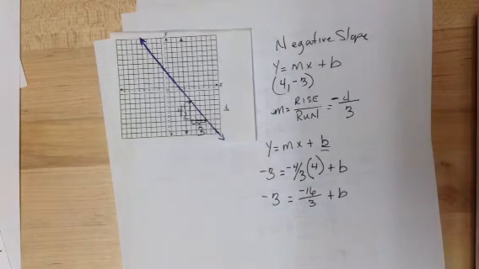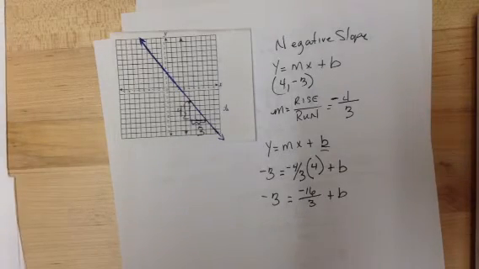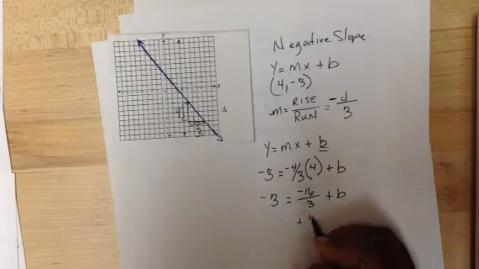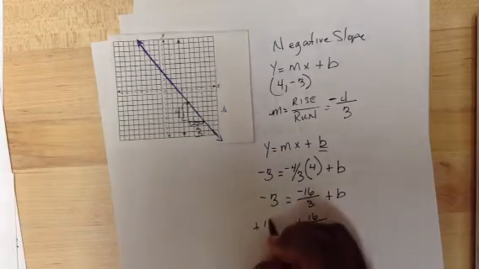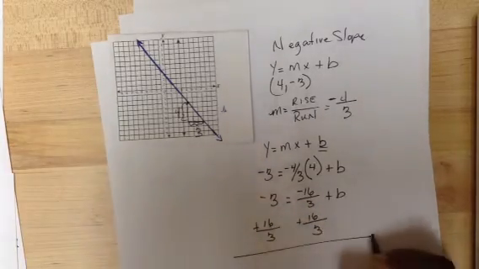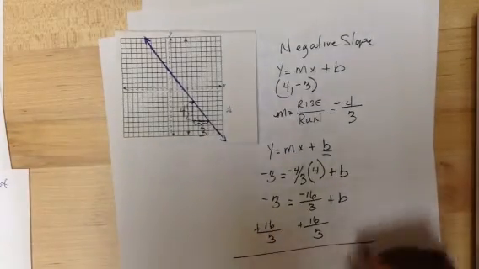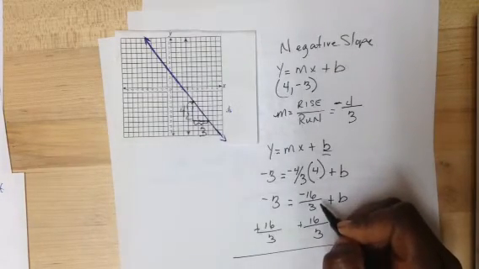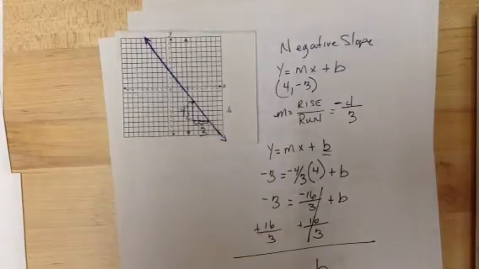The only way to remove a -16/3 is to use the opposite, which is +16/3. So I'm going to add 16/3 to both sides. The -16/3 and the +16/3 cancel out, so that gives me b is equal to -3 plus 16/3.